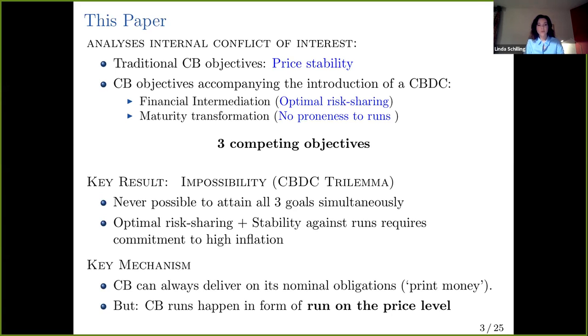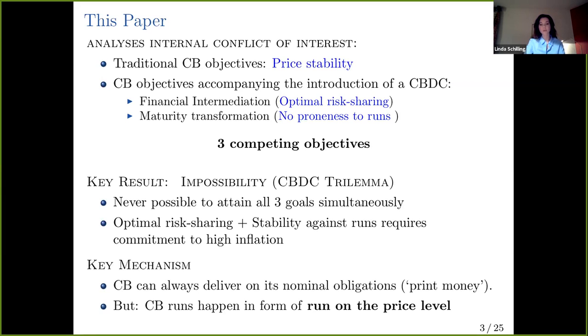So the focal point of the paper today is to analyze how these three different objectives interact with one another. The main result of the paper is an impossibility result, namely these three objectives together can never be attained at the same time. It's always required to sacrifice at least one of these objectives in order to obtain the other two.